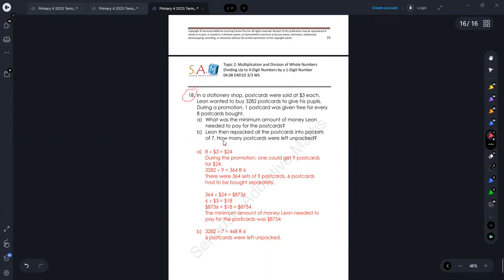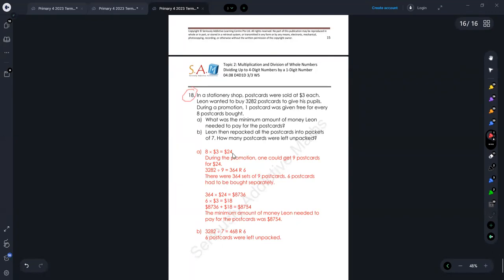So let's work on 8 first. $3 each, 8 postcards. For every 8 postcards, they have to pay $24. However, you can get a promotion.